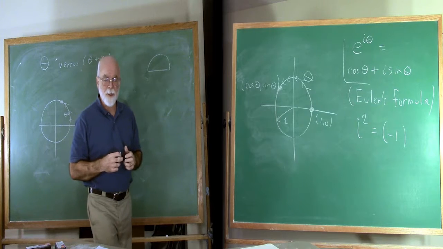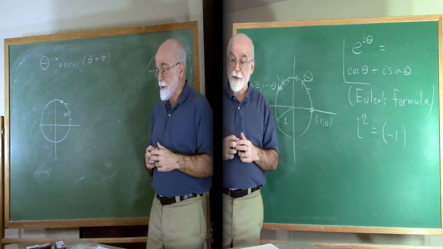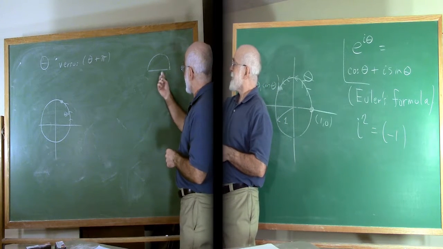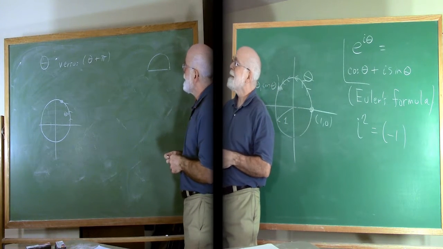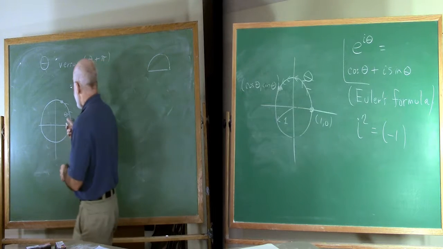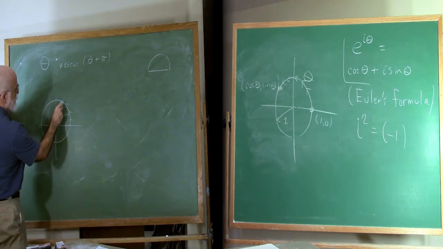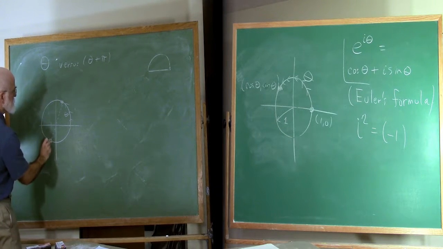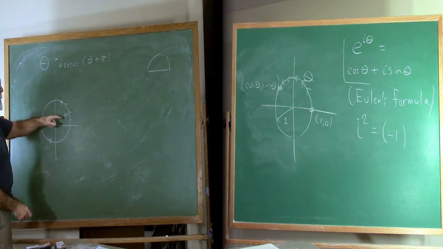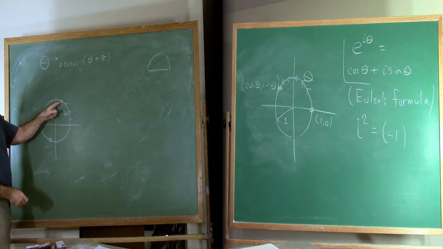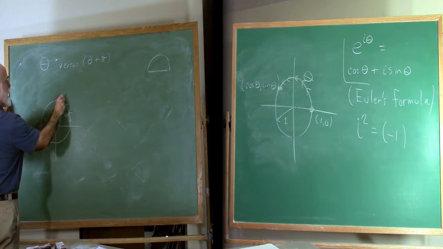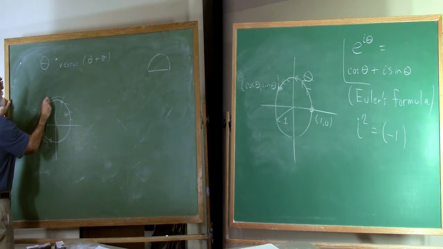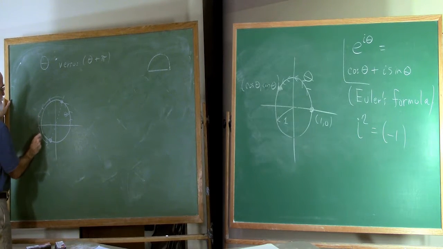The plus pi means traveling a half a circle. Half a circle has got a base on it. You can get that base here by reflecting through the origin. If theta takes you up to here, then an extra pi, that would go along like this. Half a circle.